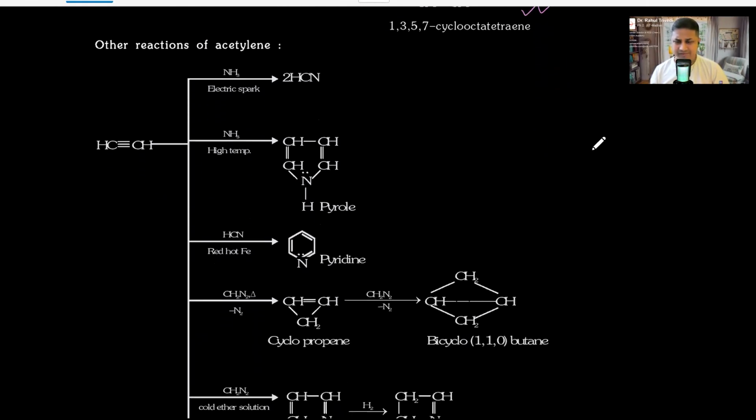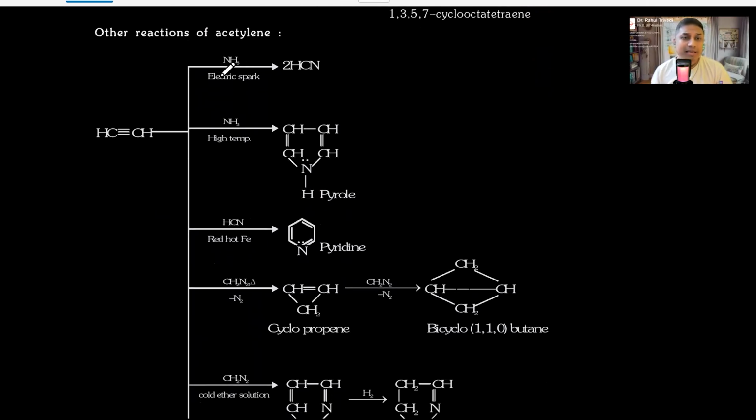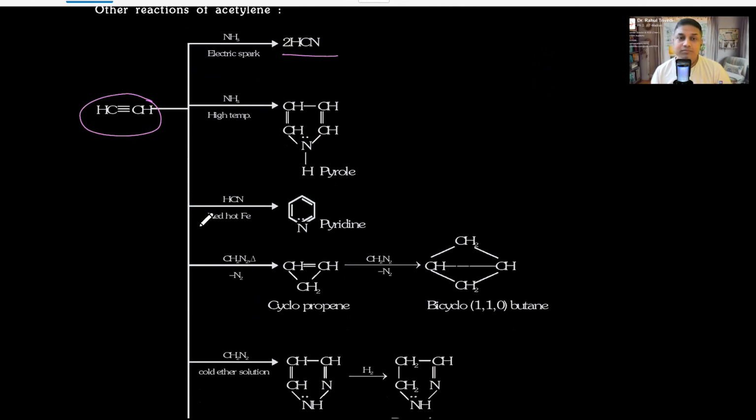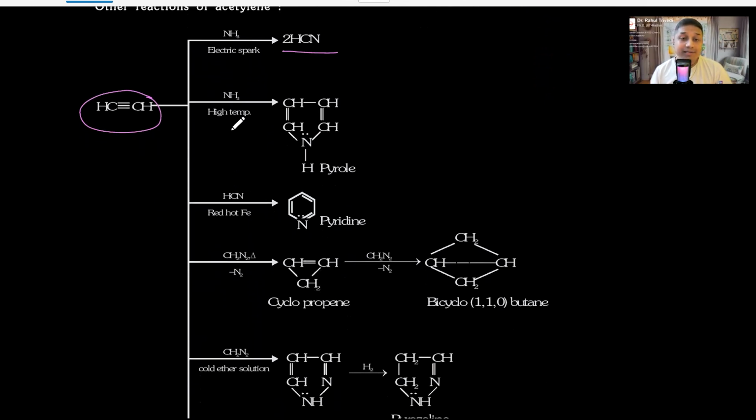Some other reactions apart from these categorized reactions. Obviously, everybody will have some reactions here and there happening apart from these categorized reactions. So one of the most basic ones is, in the presence of ammonia gas, expose this acetylene to an electric spark, you will have 2 moles of hydrogen cyanide. Good. Expose it to higher temperature, you will have pyrrole formation.